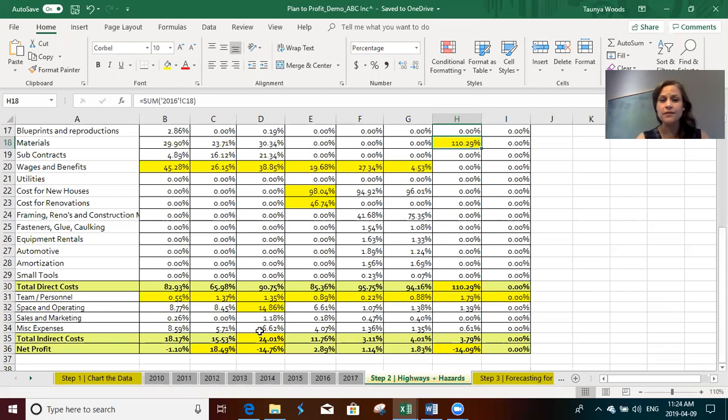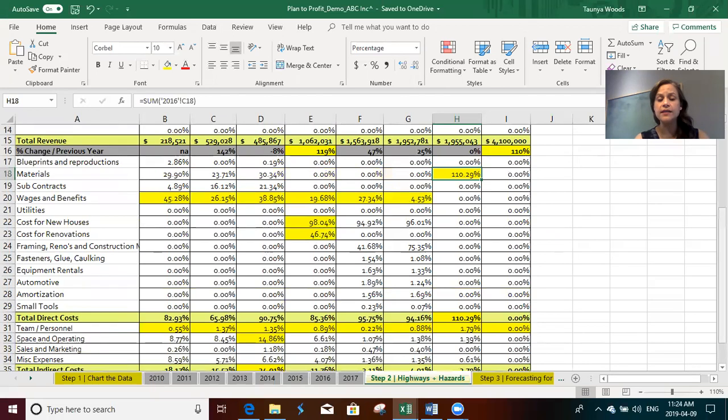Under direct costs or cost of goods, they went from 65 to 90%. So this is kind of like, okay, where did we go wrong that year? Well, obviously all of the carrying costs now of the new space, plus the maintenance of the space, the loan on the space, the interest, all of that.